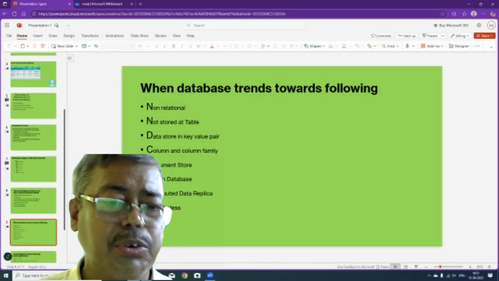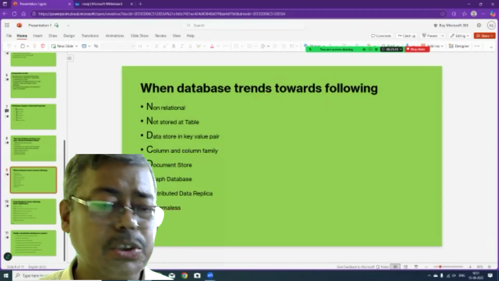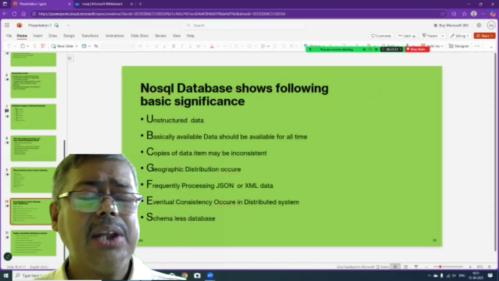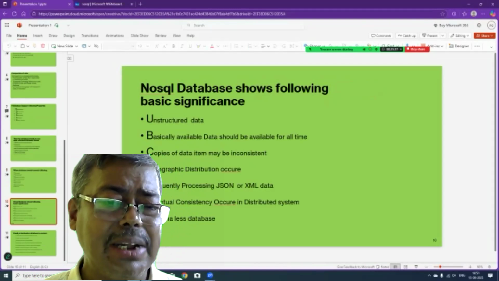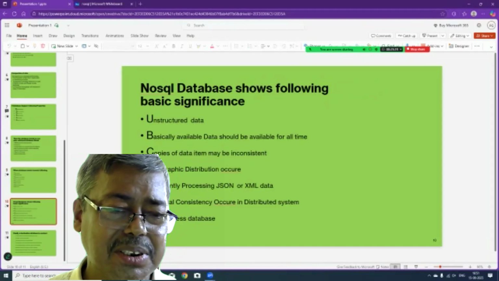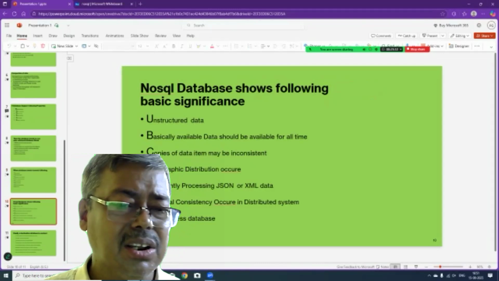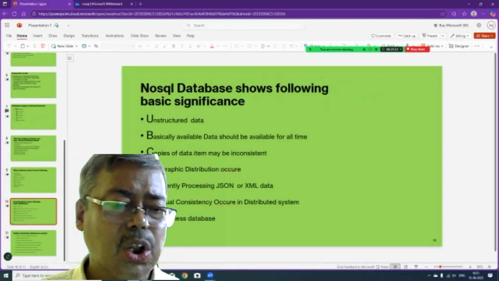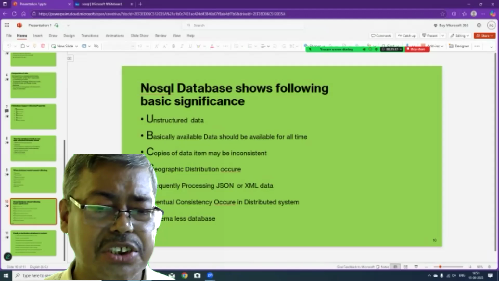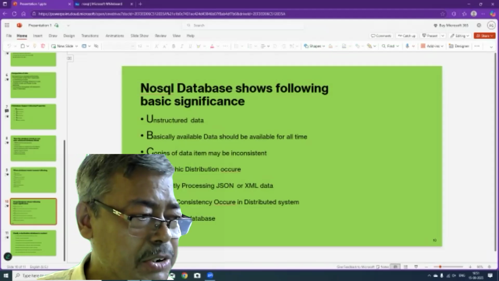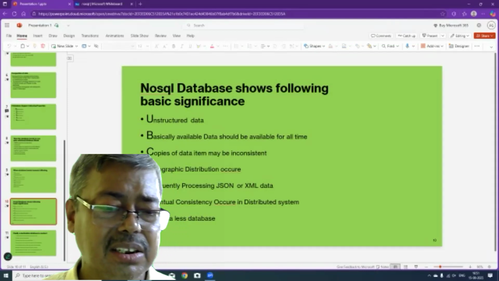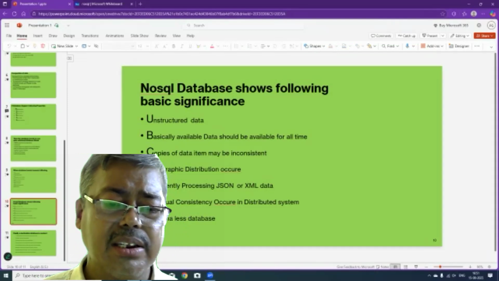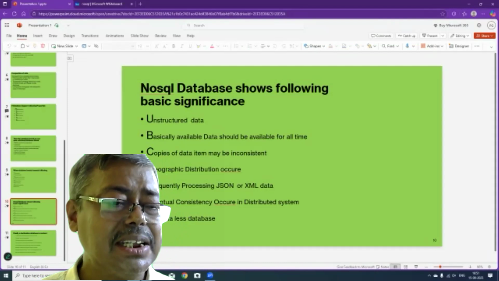Those features support the NoSQL database system, which also handles unstructured data. Basically available: data should be available all the time. Copies of a data item may be inconsistent. Geographical distribution occurs in distributed database systems. JSON and XML data are frequently processed. Eventual consistency occurs in distributed, schemaless database systems.